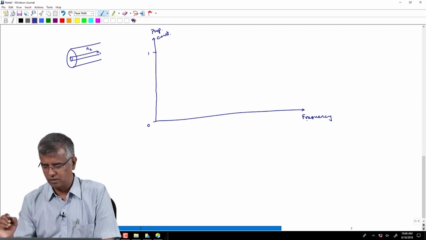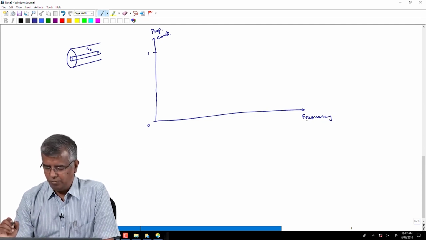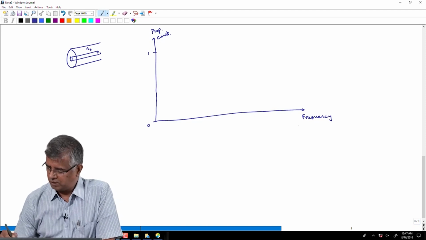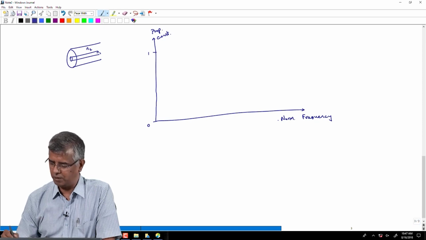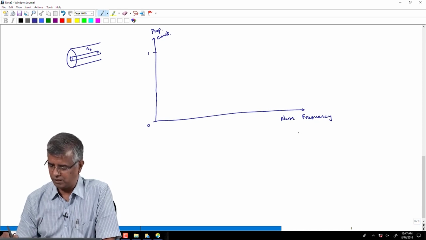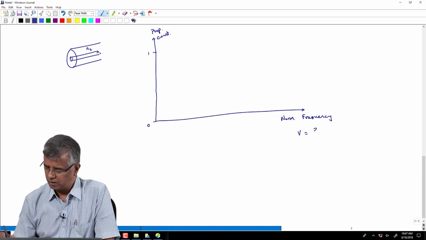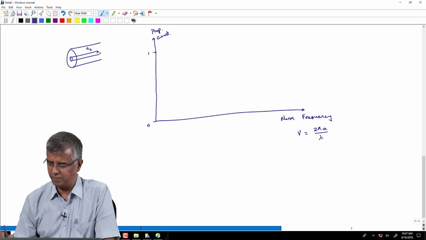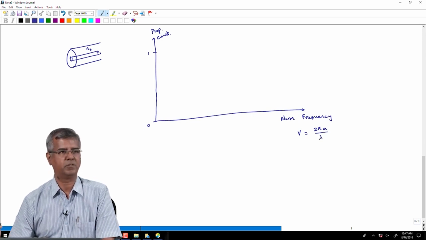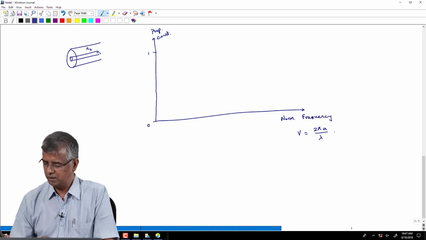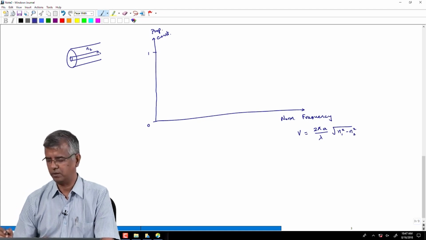frequency, okay. If we look at this picture, and this frequency, in the case of an optical fiber, we will look at it as normalized frequency, what we call as a V number, which is defined as 2 pi a over lambda. It has got a 1 over lambda dependence, and that is why it is called a frequency term, root of N1 square minus N2 square, okay.